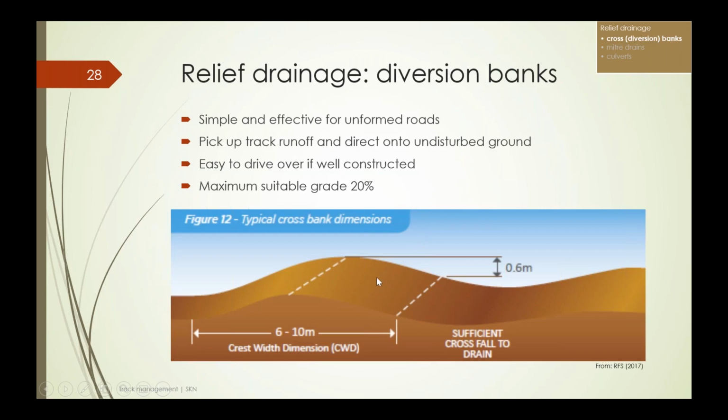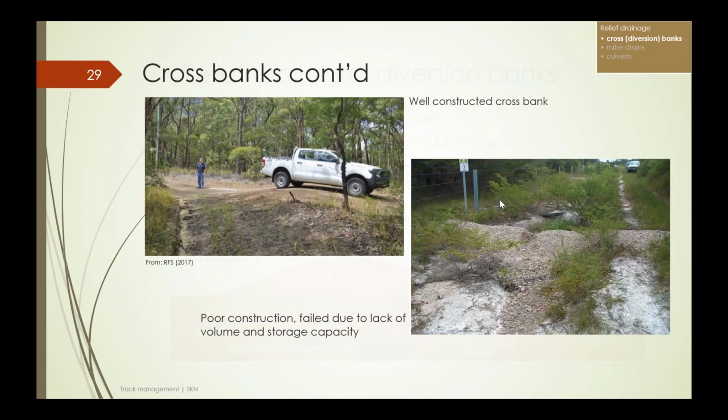Now, keep in mind the diversion bank is not a sediment control structure. It's a diversion bank. It's aimed to get the water off the track and out onto the stable forest floor. So you have a big effect on how this is going to happen just by where you site the diversion bank.